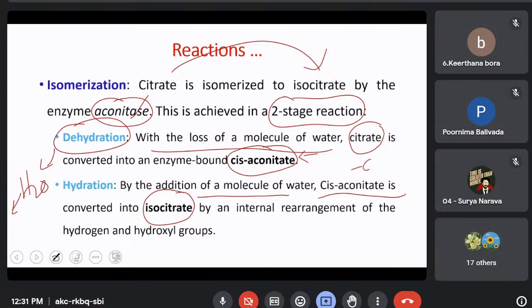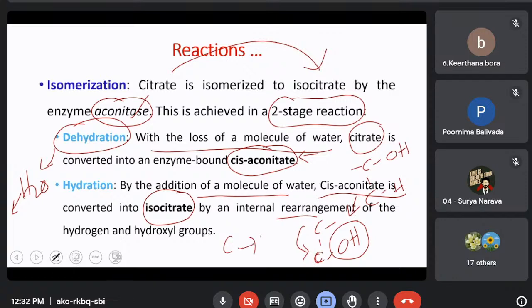For example, if a hydroxyl group is present here in this substance, in its isomeric form, it is internally rearranged so that it is transferred to another carbon. So that here citrate now becomes isocitric acid.